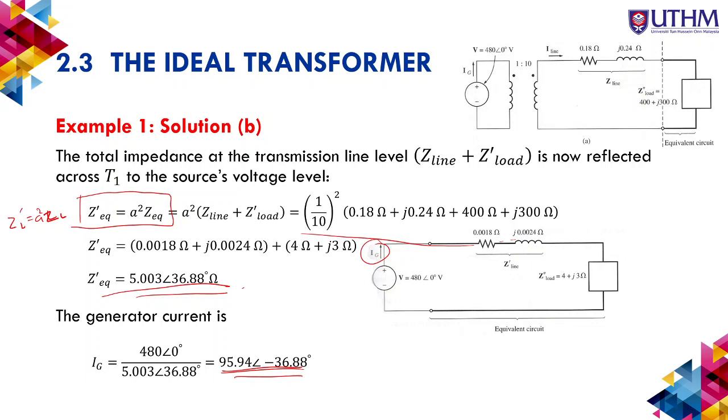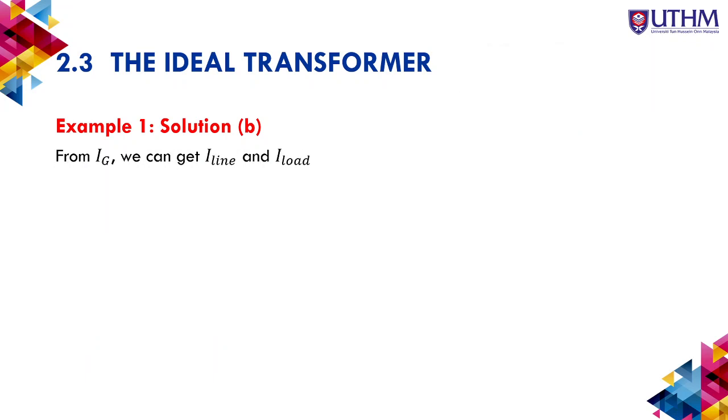Once we get the IG, we need to transfer back the current and voltage. So we can get the Z line and I load. We use the turn ratio. This is the equation from IG to I line.